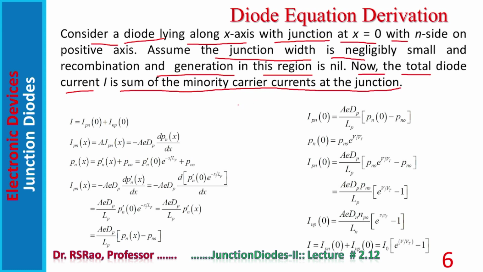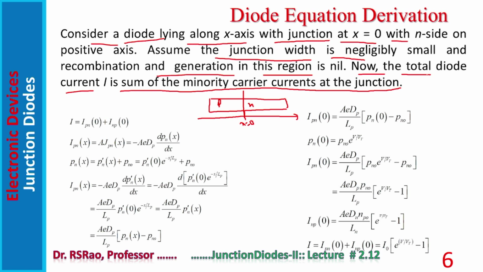Here what we are going to do is try to understand how the Shockley diode equation has come from the basics of semiconductors. For that, consider a diode, P region, N region. Let us suppose it is lying along the x-axis with the N region on the positive axis and the P region on the negative side.